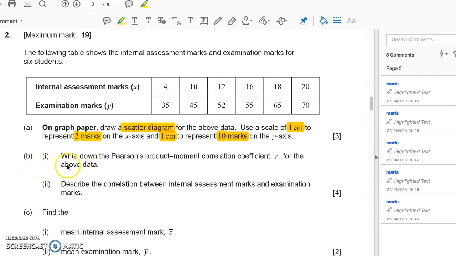Question B, write down the Pearson product moment correlation coefficient, R, for the above data. So for this I will need to go to my calculator, add in list 1 all my X values, 6 of them, in my list 2 all the Y values, the 6 of them, and calculate the linear regression that goes with it.